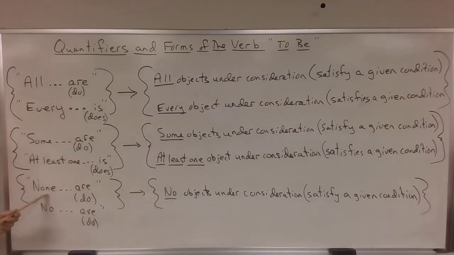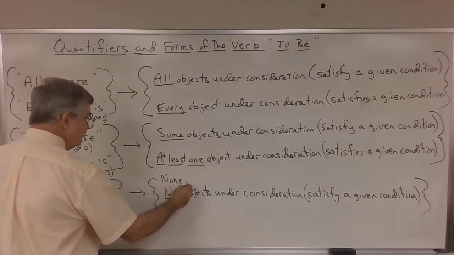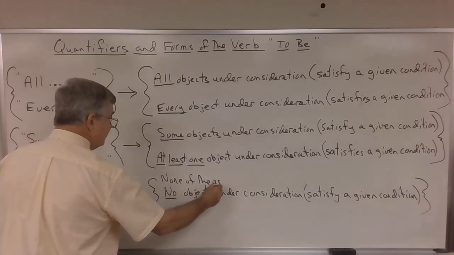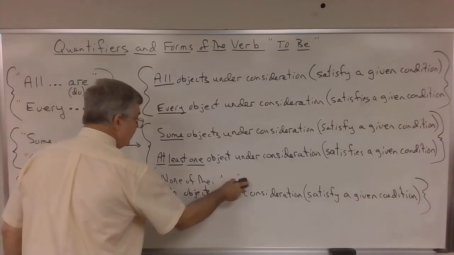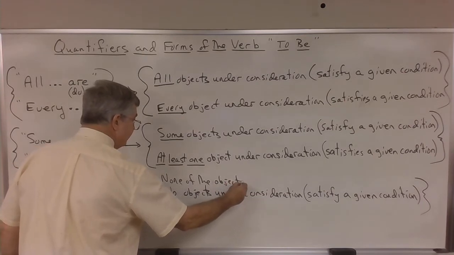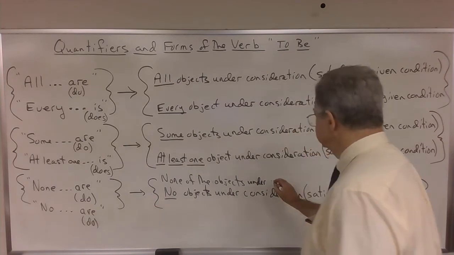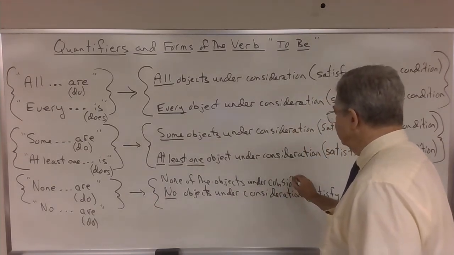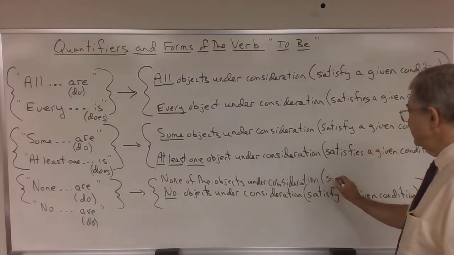I can write it in terms of this grammar as well. None of the astronauts, or none of the objects under consideration, satisfy a given condition.